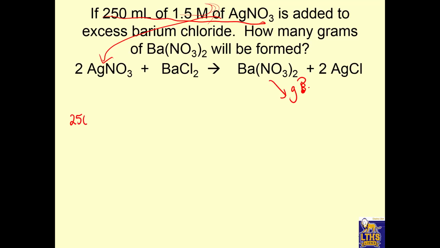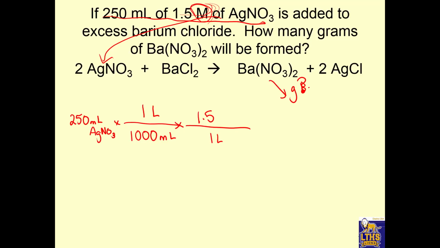We have to take our 250 milliliters of silver nitrate solution and find out, well, for every 1,000 milliliters, you get 1 liter. And then, according to molarity, this capital M means that for every 1 liter of silver nitrate solution, there's 1.5 moles of silver nitrate.